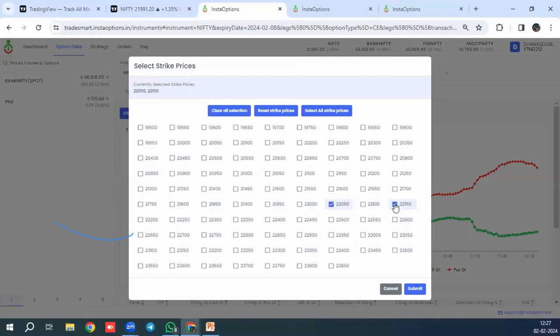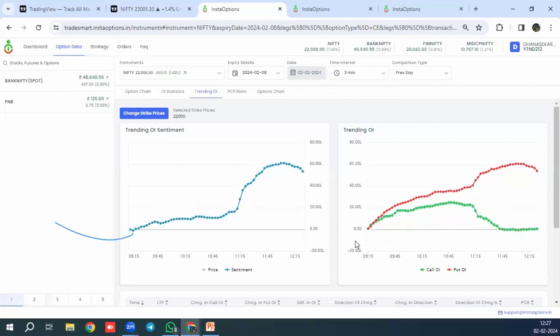Now market is at 22,000, right? Then I'll select this. As I've already told you, I'm going to just check the ATM sentiment. Even in ATM sentiment, I will look for a crossover and that crossover should be very strong. Okay. Like how I've shown you in the options chart, it should be very strong.